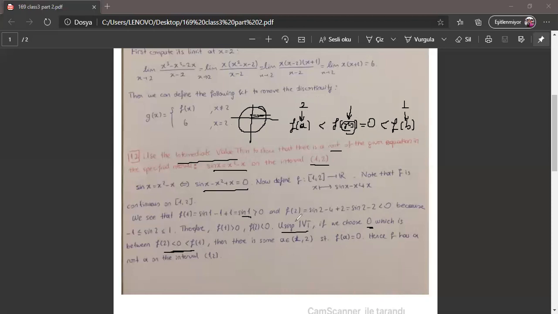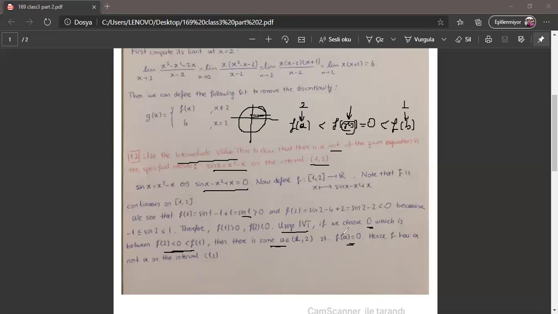Then, by using this theorem, because it says that if you pick any number between them, you can find some number such that it gives you this equality. So as we have this assumption, then we know such a exists and it gives this equality.